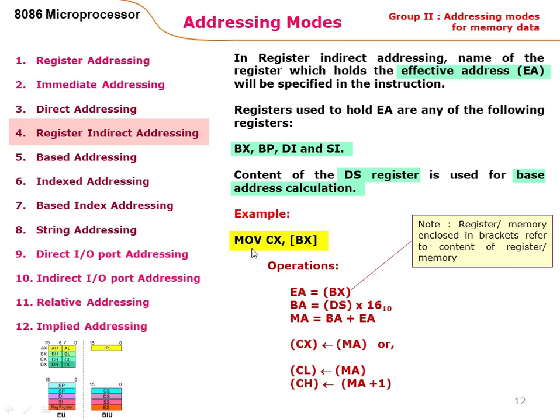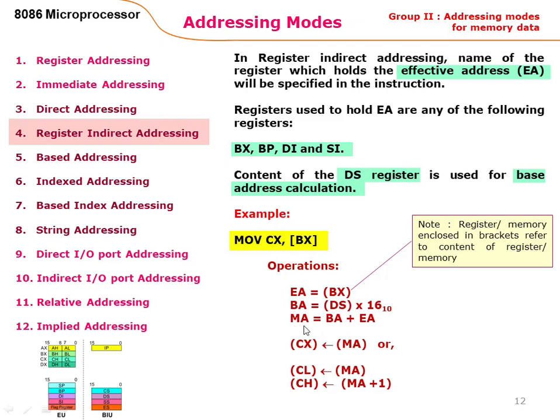See this example, MOV CX, [BX]. In this operation, first we will see how the physical address is calculated. The effective address is stored in BX, that is nothing but the offset value. Then the base address is stored in the data segment register. Now this data segment register is multiplied by 16 decimal, which is nothing but shifting the number by 4 bits to the left.